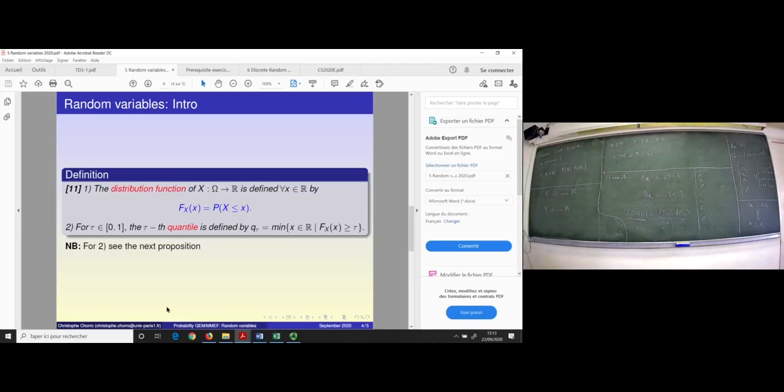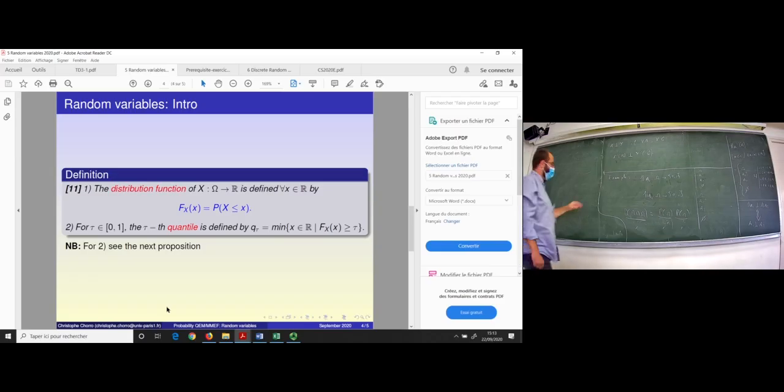Basic definition here. So may I erase the board? Okay? So in fact, at this stage, I have two parts in my definition. For the moment, I will use just the first one.